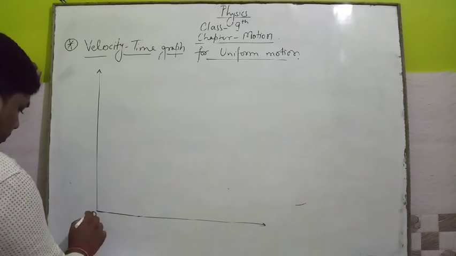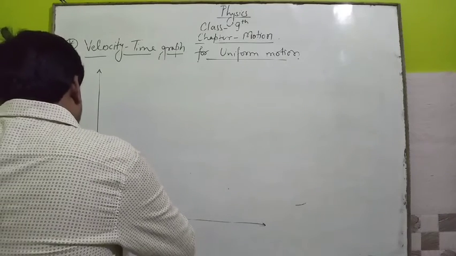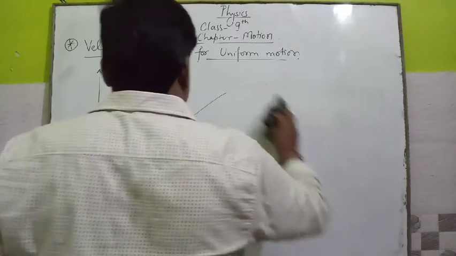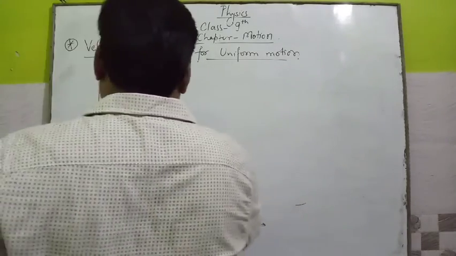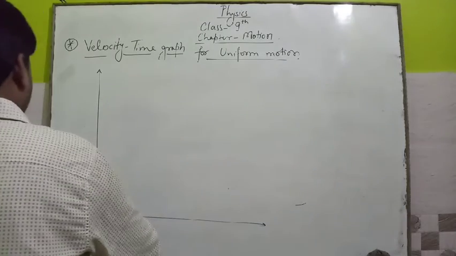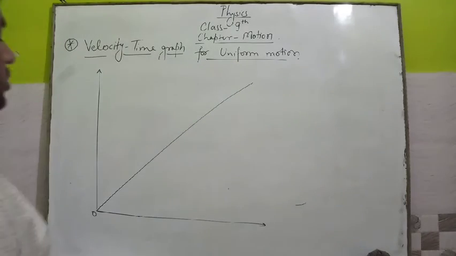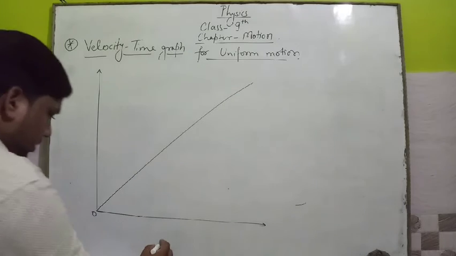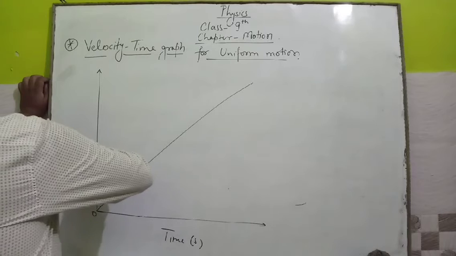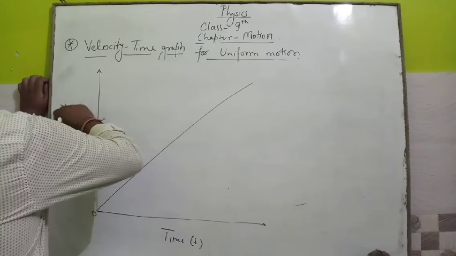Again, this is 0. This is a straight line graph. This axis represents time in seconds, and this axis represents velocity in meter per second. Clear?